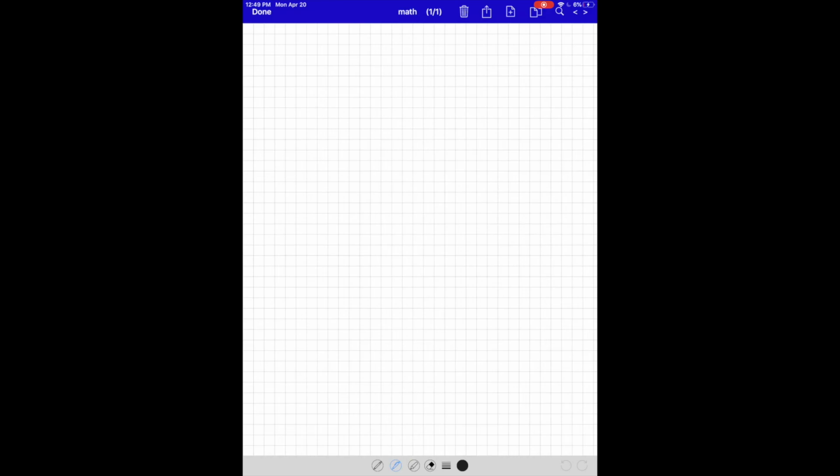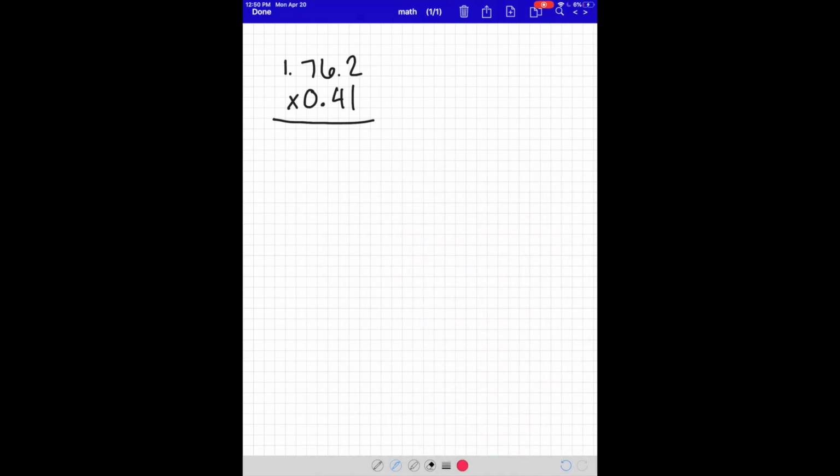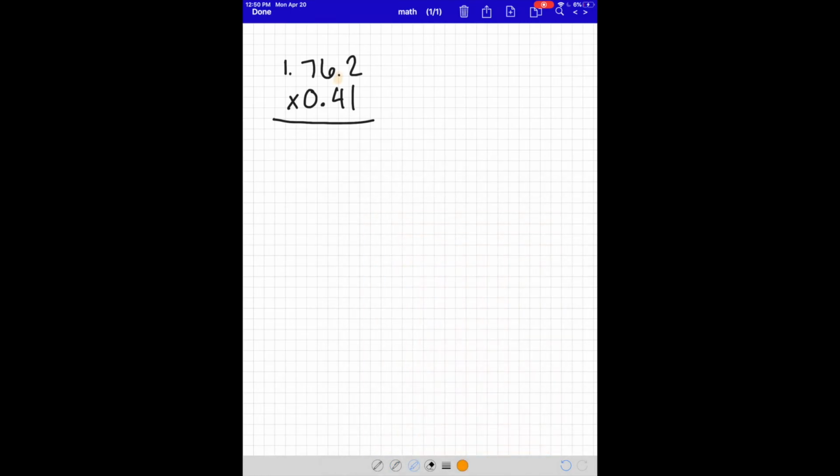So the first one is 76.2 multiplied by 0.41. Now, as a reminder, when you are multiplying, your decimal points don't have to line up.